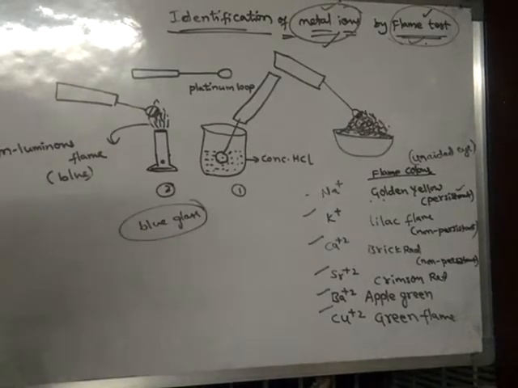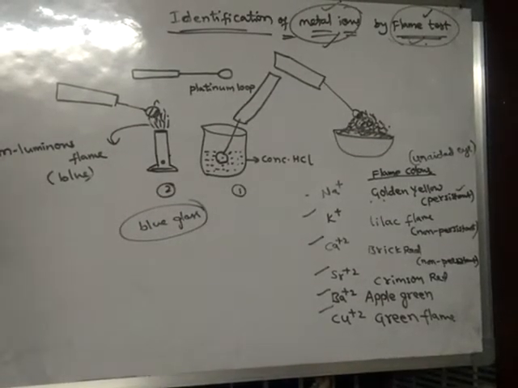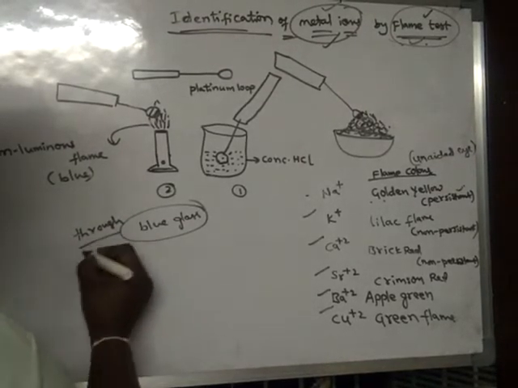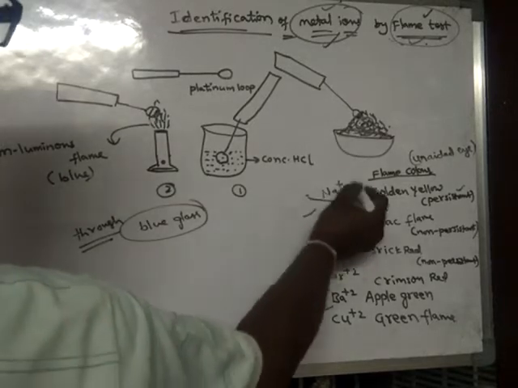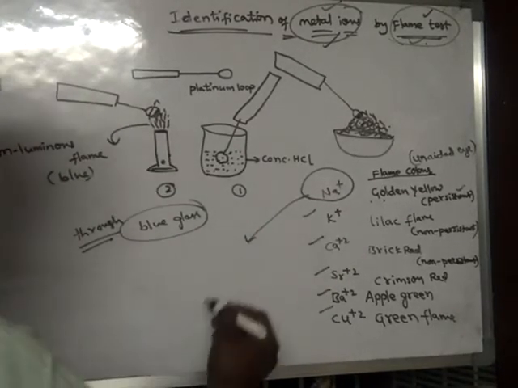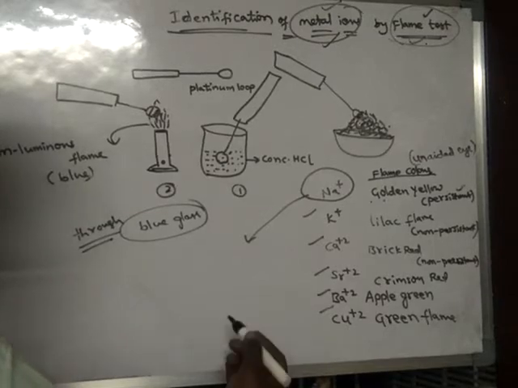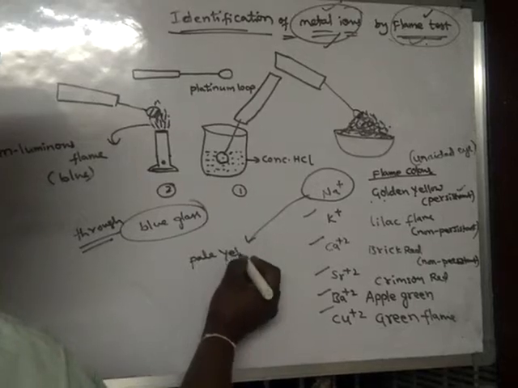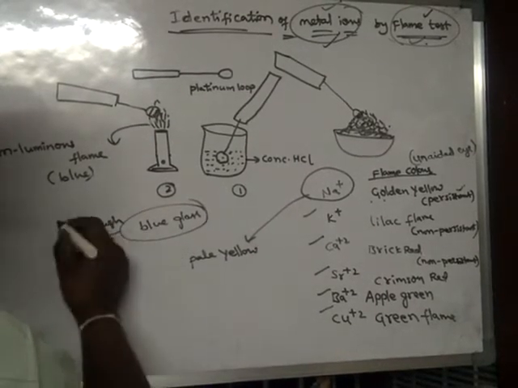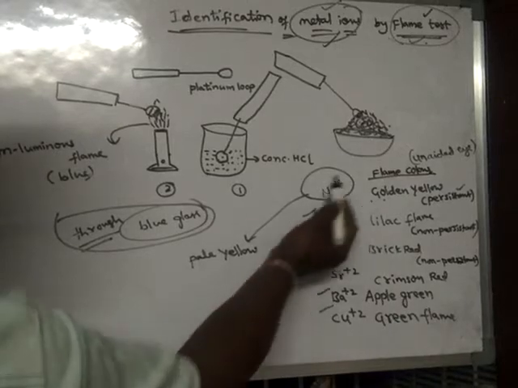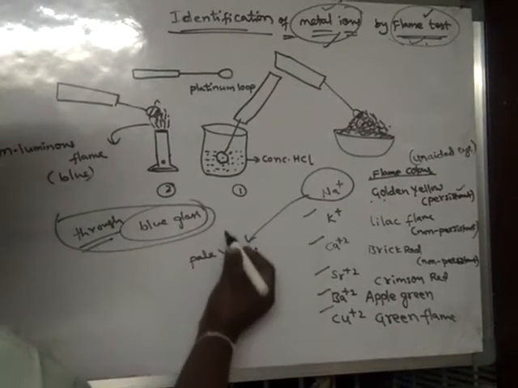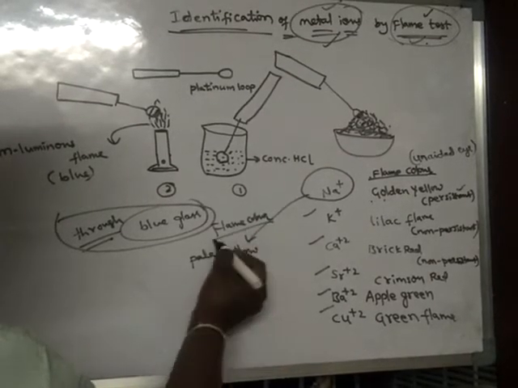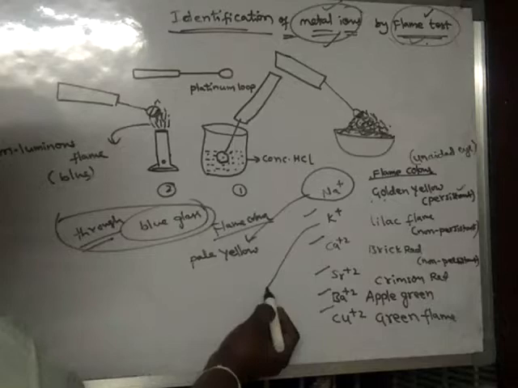If you observe the flame through blue glass and it is sodium ion, then it appears pale yellow.